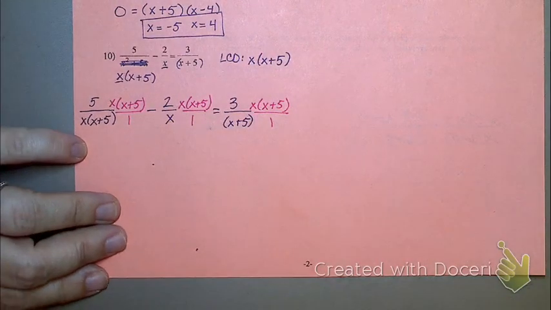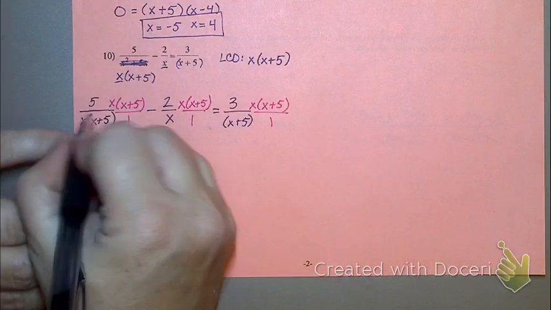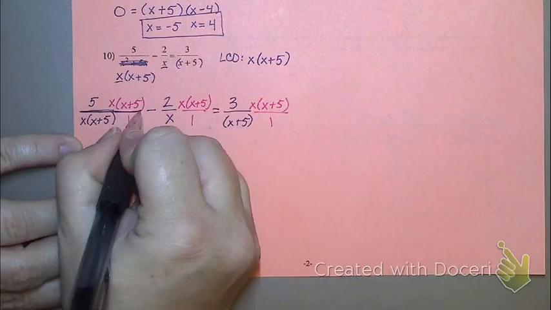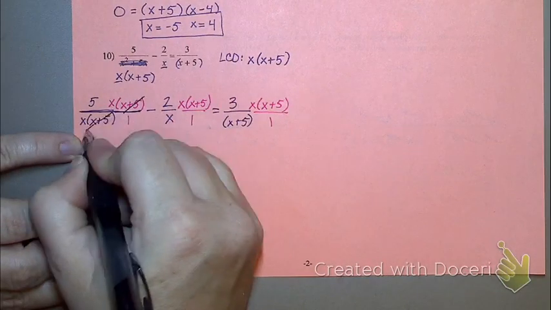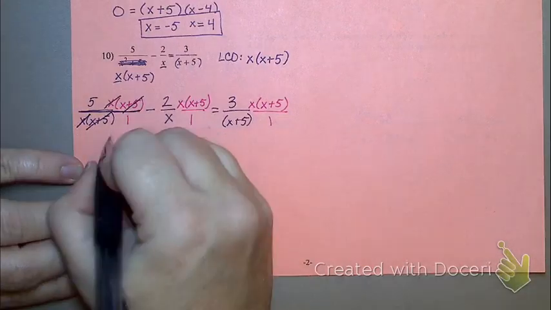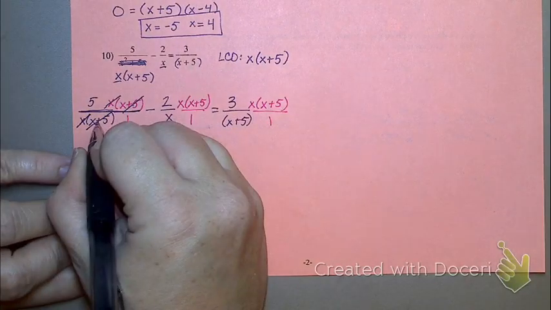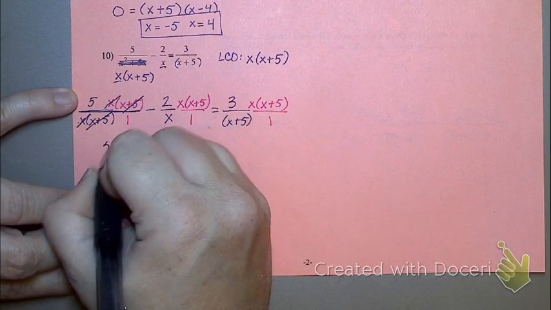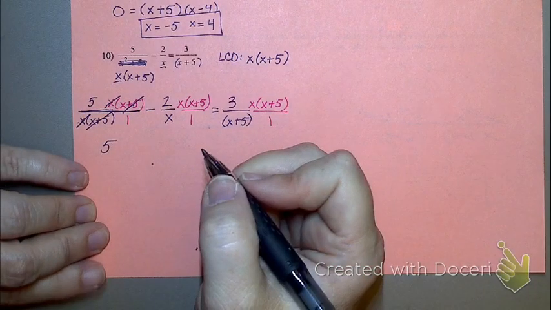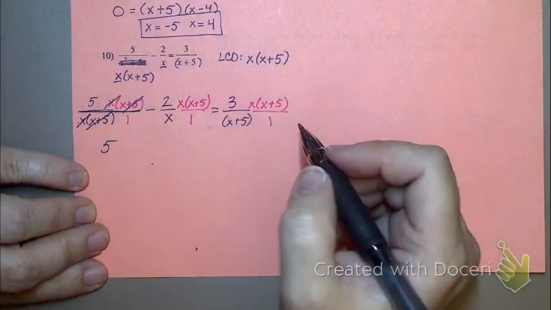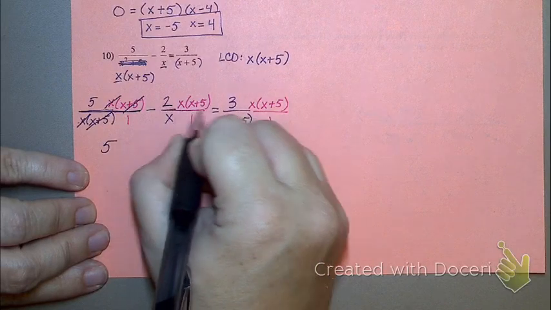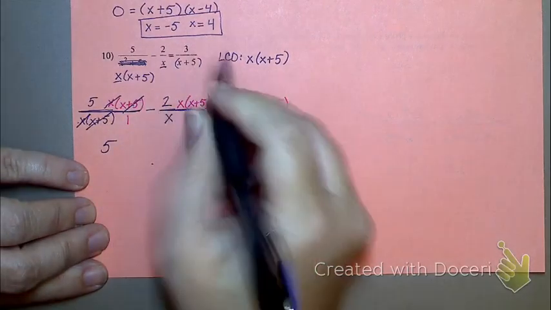Why am I doing that? Because when I make these into one giant fraction, denominators are going to cancel. So when my x plus 5 cancels, x and x cancel, I'm left with 5 over 1, which is just 5. Do you see that? In here, what's going to cancel? The x.